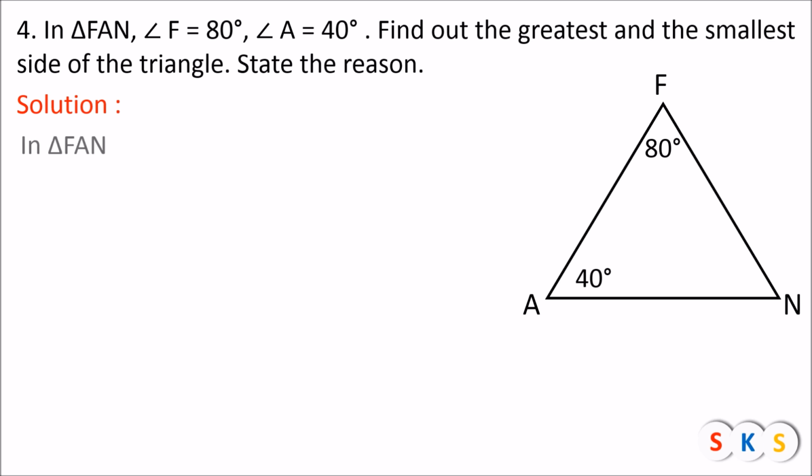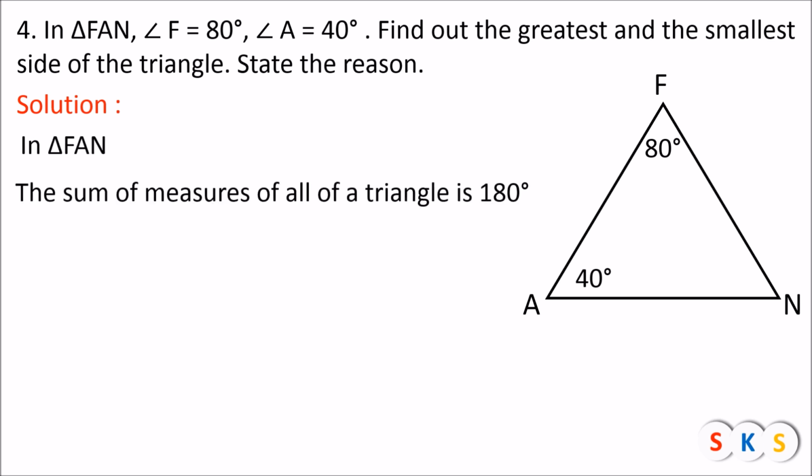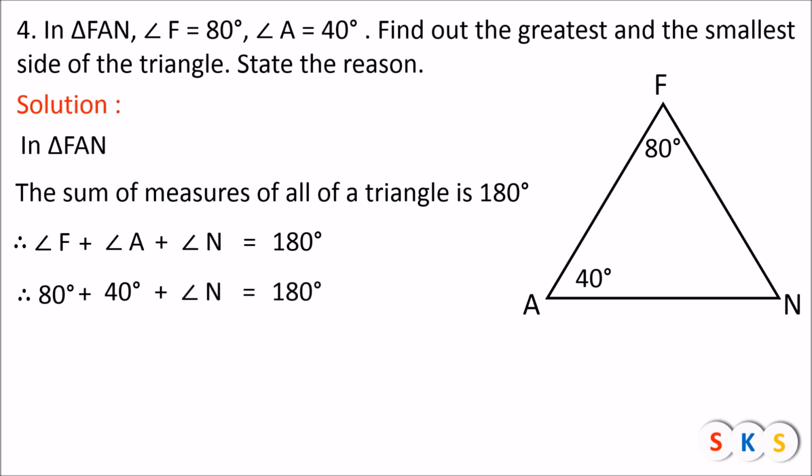So we will find the measure of the third angle using the fact that the sum of the measures of all angles of a triangle is 180 degrees. So angle F plus angle A plus angle N equals 180 degrees. Therefore 80 degrees plus 40 degrees plus angle N equals 180 degrees.